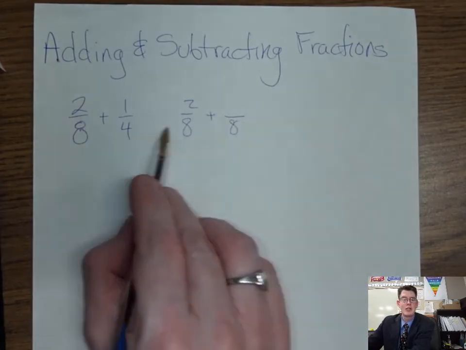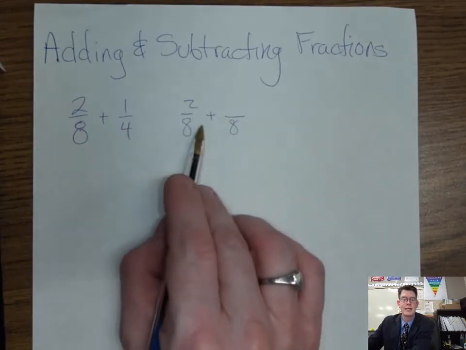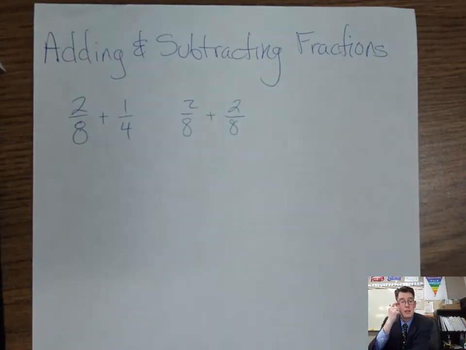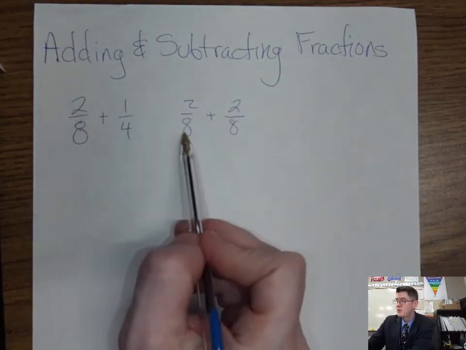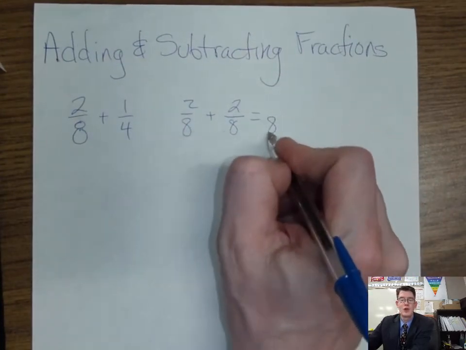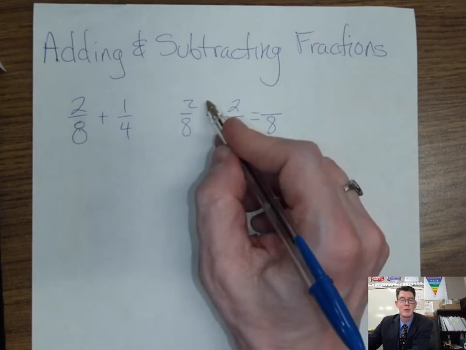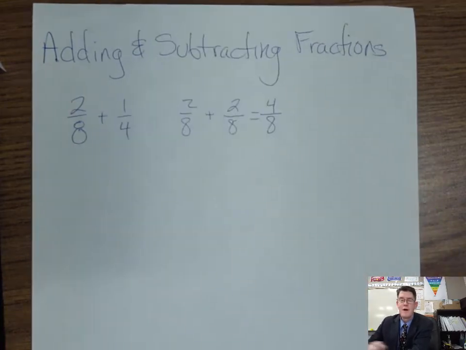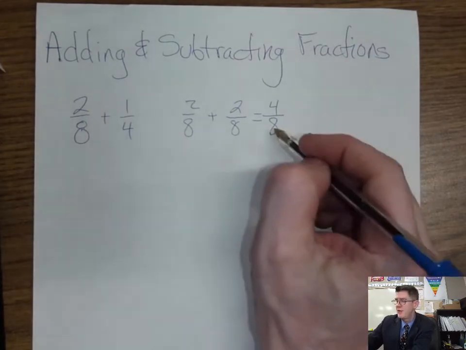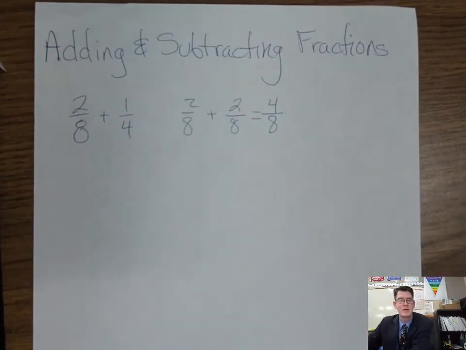And then we change this 4 into 8, so I multiply 1 by 2. Once we have the denominators the same, we can add those two. We keep the denominator the same, and we add the numbers on the top to get 4/8. And then maybe we even went the extra step of simplifying that fraction.